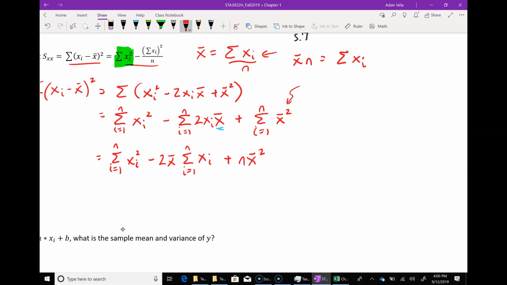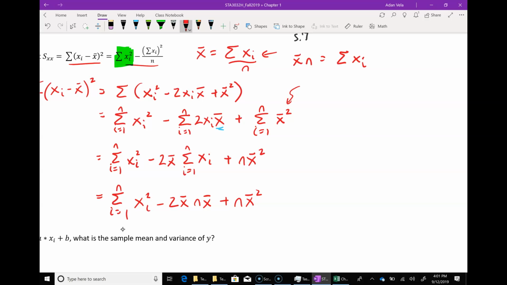So we can use that knowledge to substitute in here for the summation. When we do that, we're going to substitute in n x bar. Now we have n x bar squared.